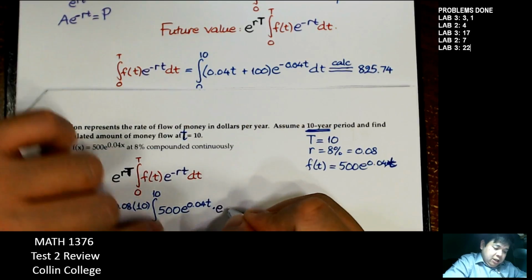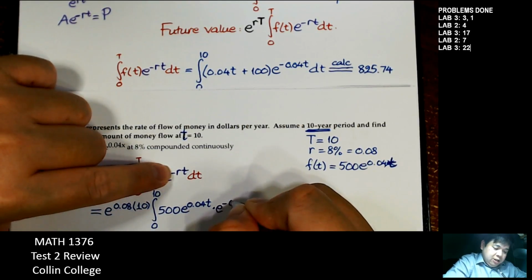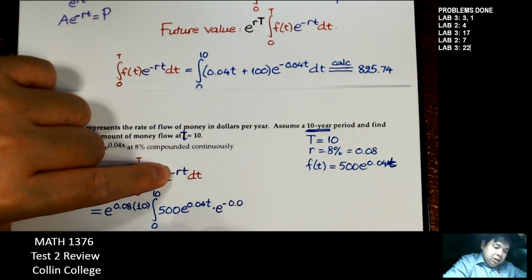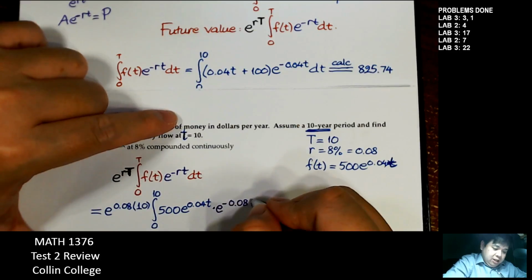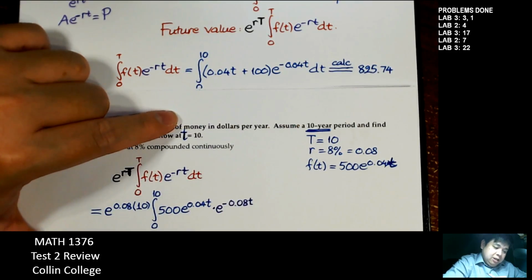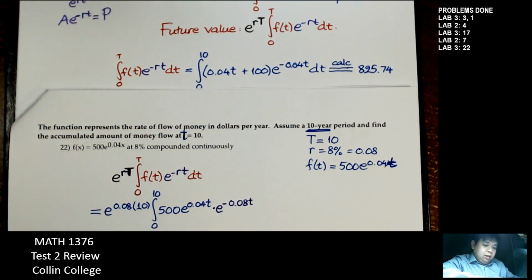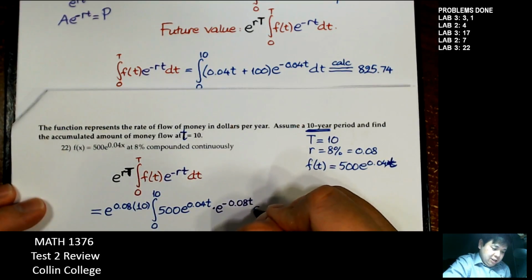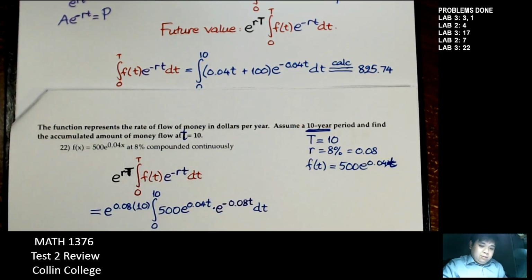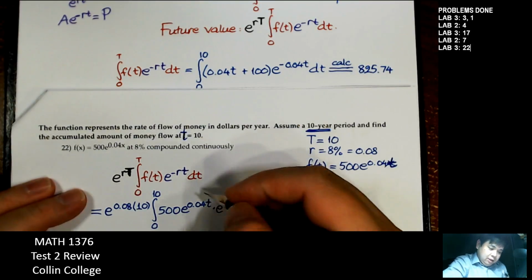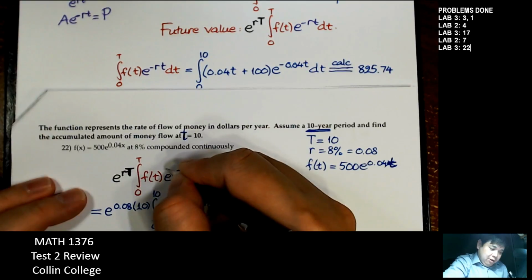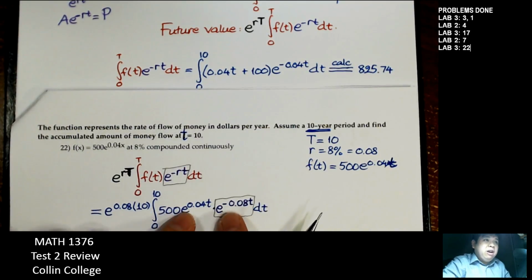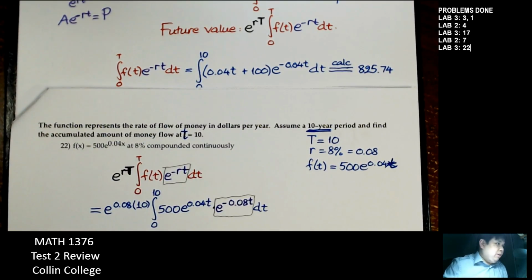It will be e to the negative r t. Both of them have an e, so it is kind of confusing.